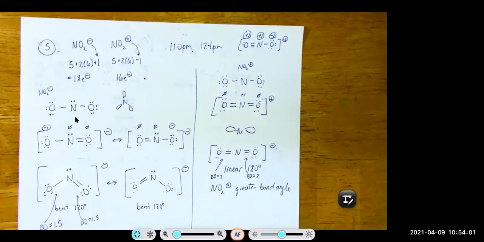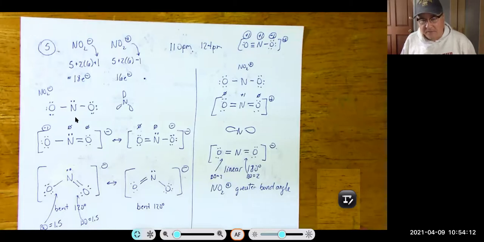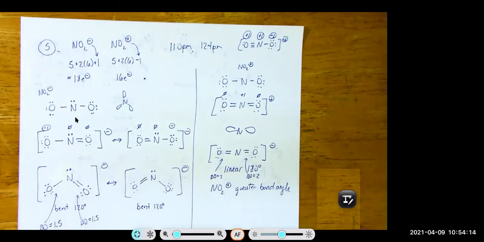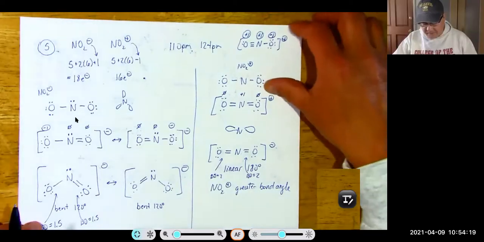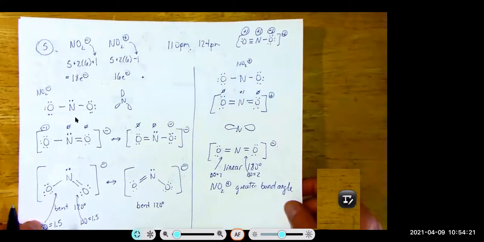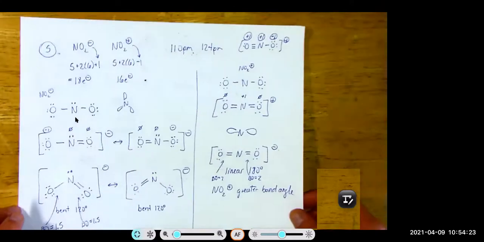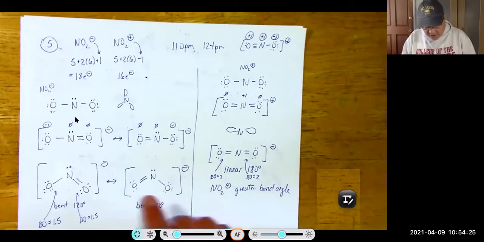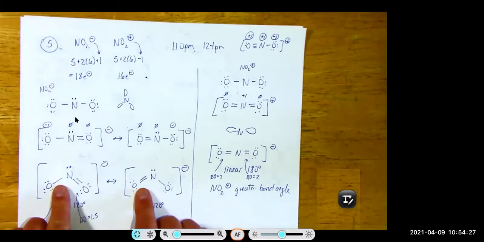I guess in my head, the way I was doing it was a little bit different. I was just taking the number of bonds in one structure and dividing it. That's the way our book does it, and that's wrong. You look at all the structures.